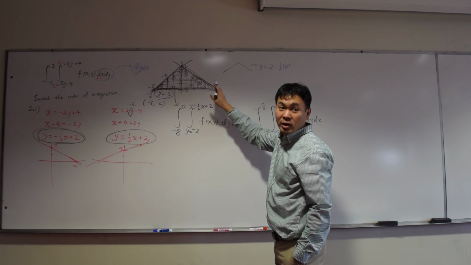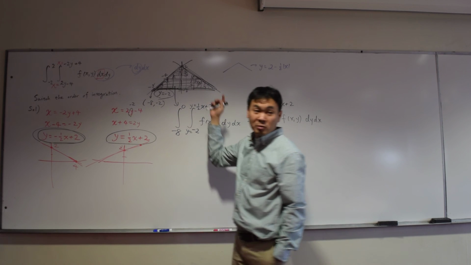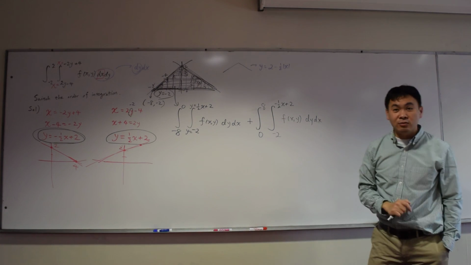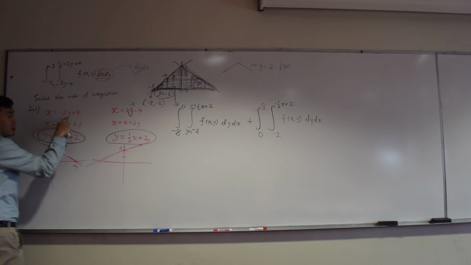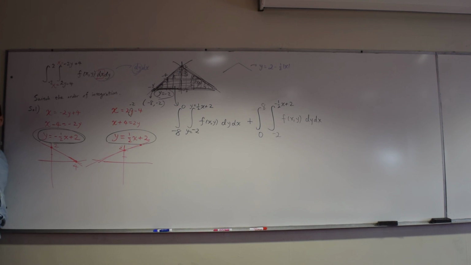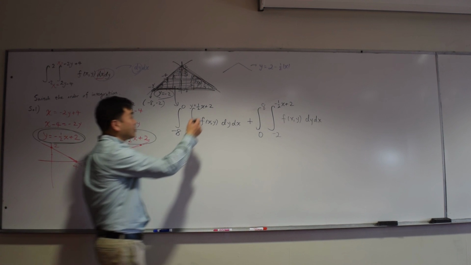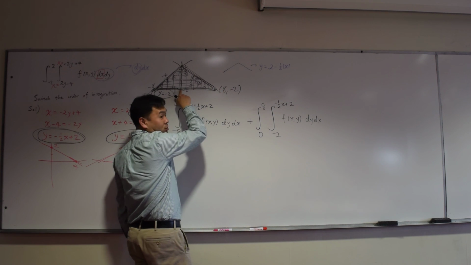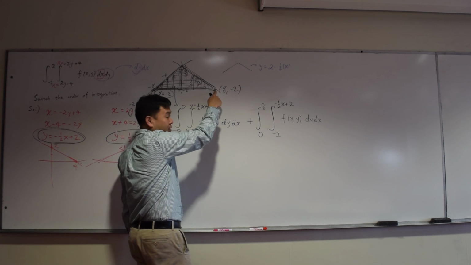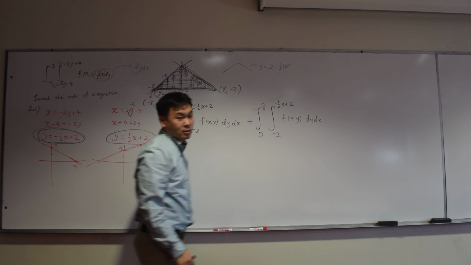It's a symmetric domain, so if this is -8, this must be +8. And if you didn't believe me, you can still figure that out by plugging -2 in here, and you get the value of x as 8. So you know that this coordinate is (8, -2). Therefore, the x value goes from 0 until 8.